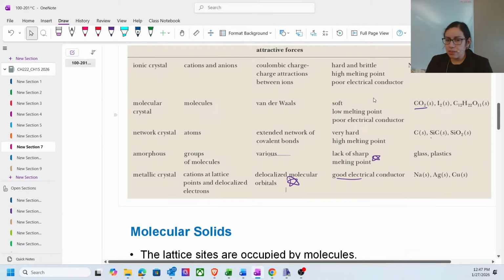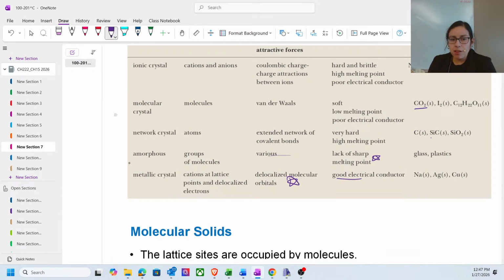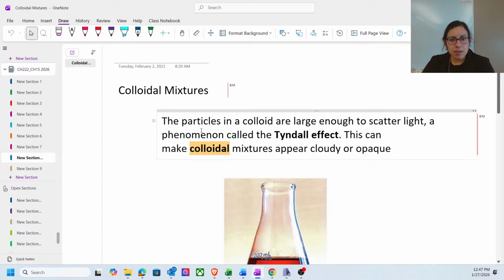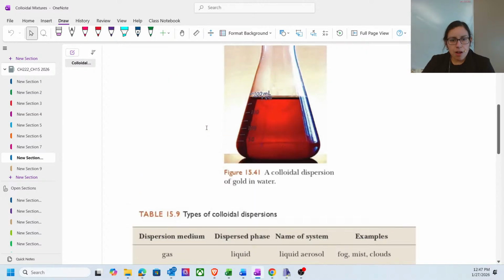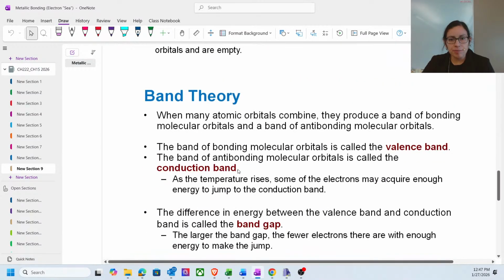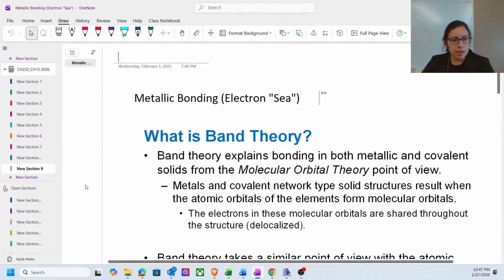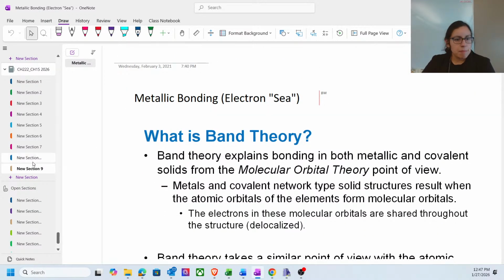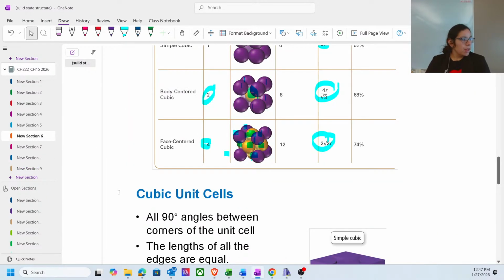On Thursday, we'll look at some papers, at what this really means by the metallic crystal, and what else we have in this section. It's more hodgepodge, so we'll finish up our colloidal mixtures and our band theory, which goes into metallic bonding.